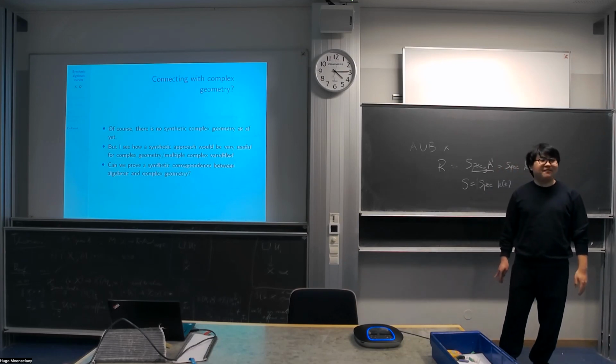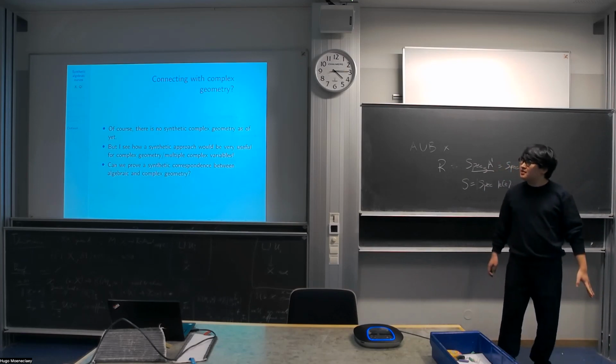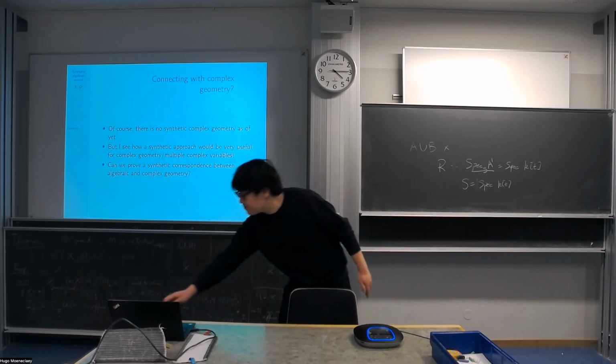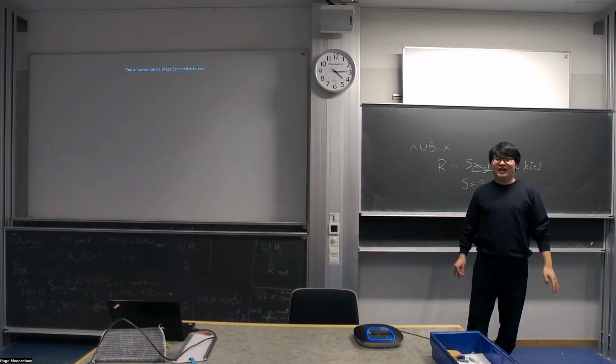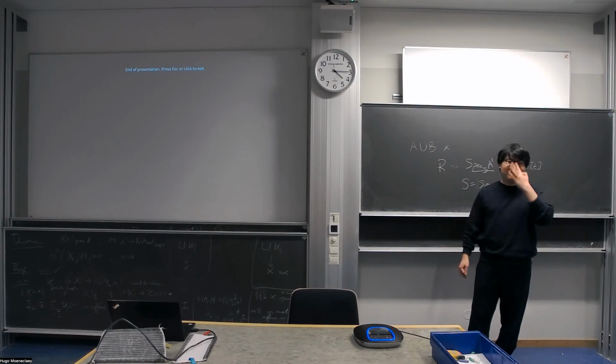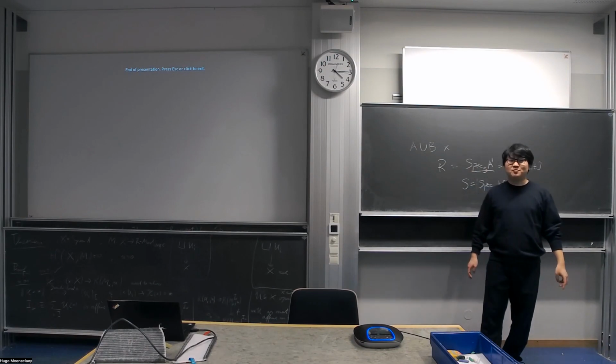But if anyone has more ideas than I do, please just talk to me. So I think that's it. I'd like to ask lots of questions and propose lots of ideas without answering any of them. But of course, I would love to hear answers and also more questions. Okay.